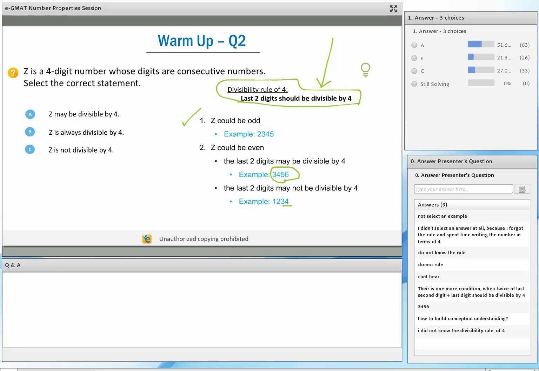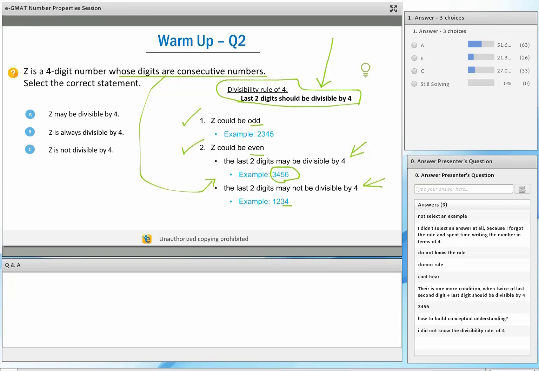Then we are taking up all the possible cases: z could be odd or z could be even. Even in the second case where z could be even, we are taking up two other possible cases, that the last two digits may be divisible by 4 and the last two digits may not be divisible by 4, while meeting the condition in the question statement that the digits in this four-digit number are consecutive numbers.